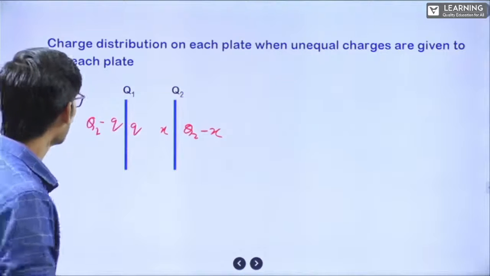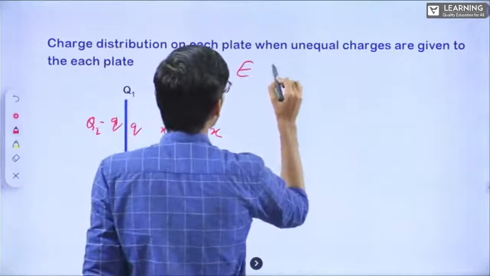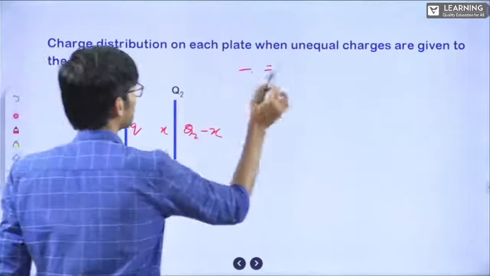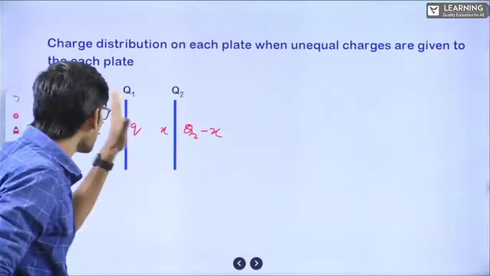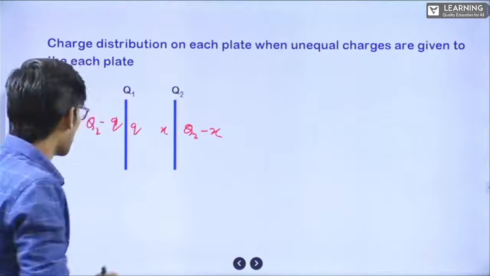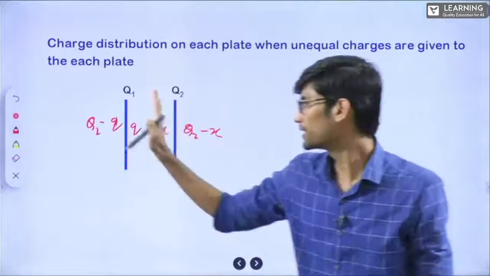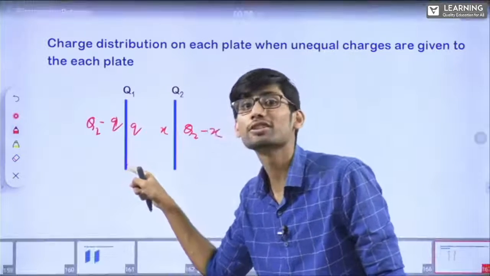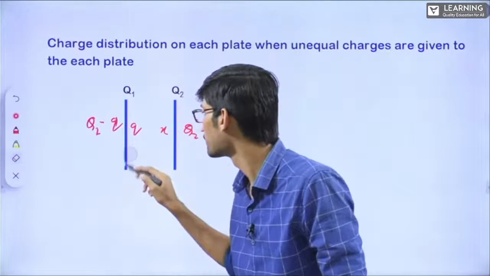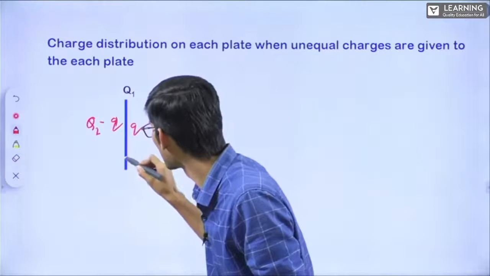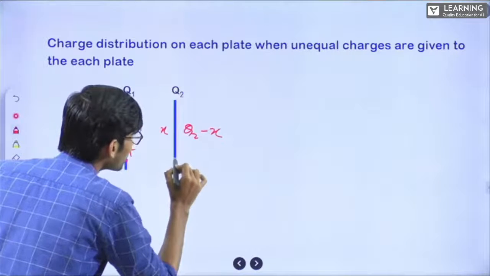Now, if I want to write electric field, for which point do I have to write electric field? For this particular sheet, if I take any point inside the thickness of the sheet, let's say this is point A. And for this sheet, I have taken any point B inside the thickness of the sheet.